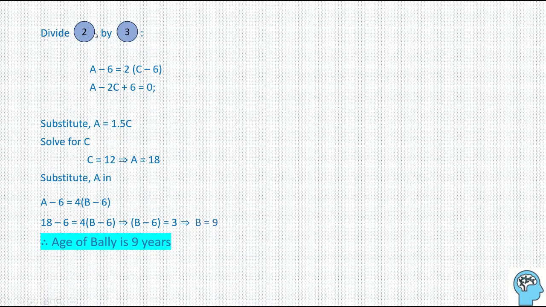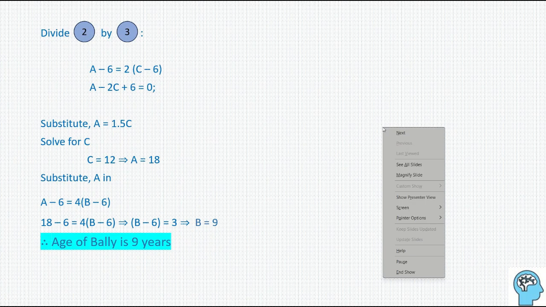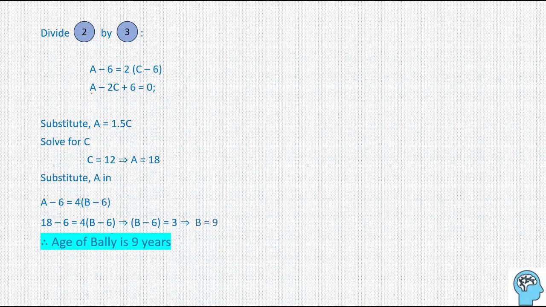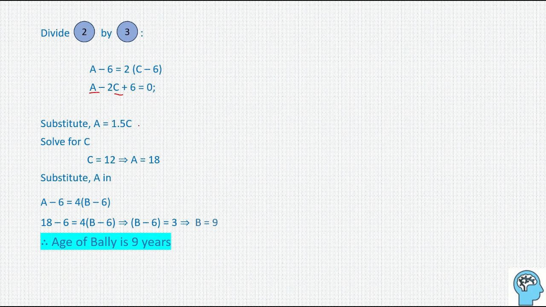With the 2nd and 3rd equations, I just divided them and I got an equation in A and C. Now the other given data is A is equal to 1.5 C. Just substitute A is equal to 1.5 C in this equation and then solve for C. C is equal to 12 is what you're going to get.